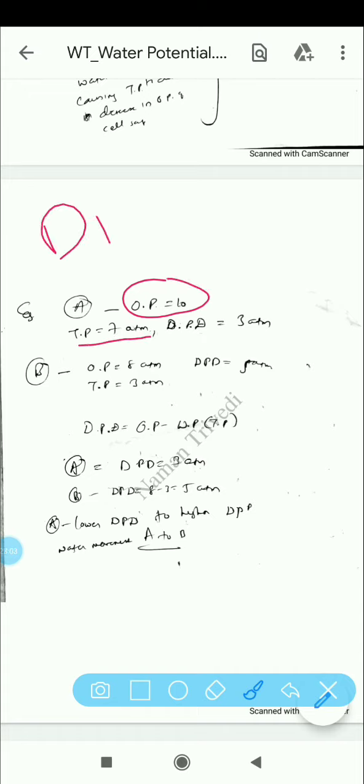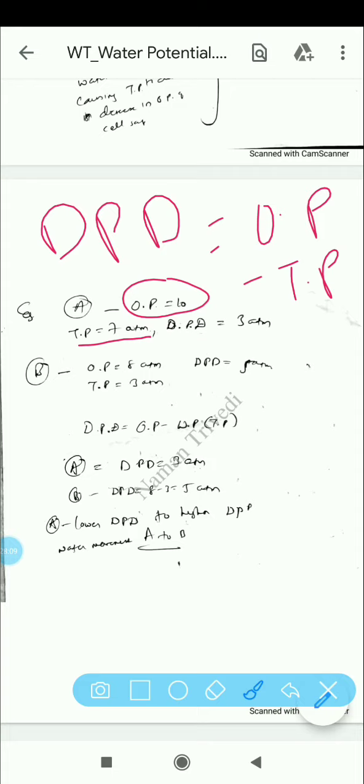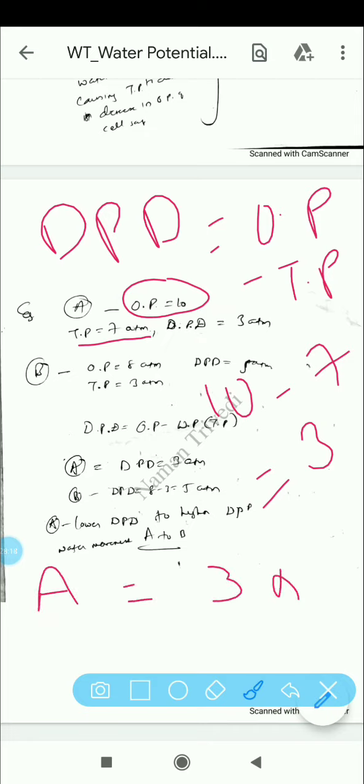So DPD will be what? DPD is OP minus TP, so it will be 10 minus 7. The answer is 3. So for solution A, DPD is 3.